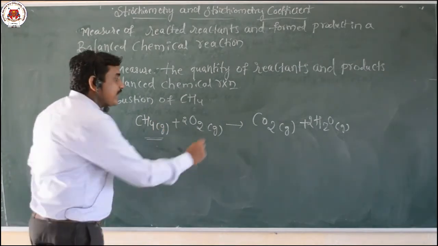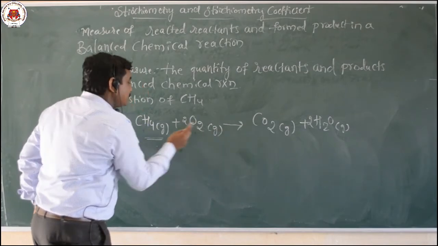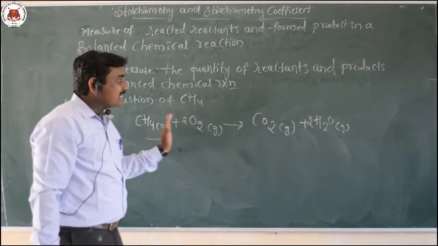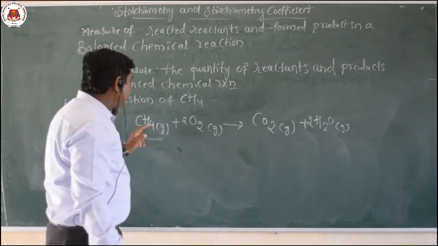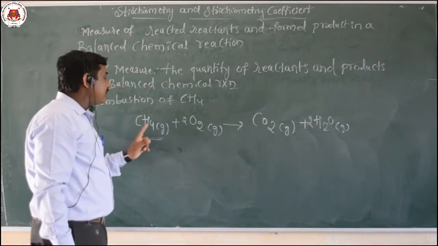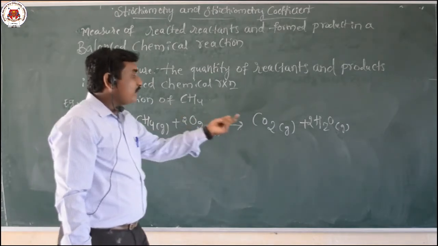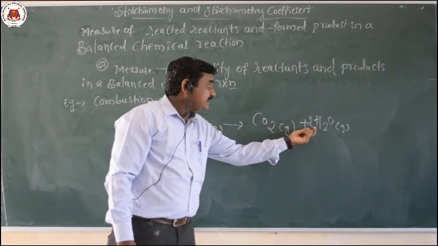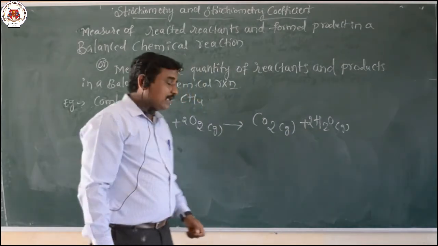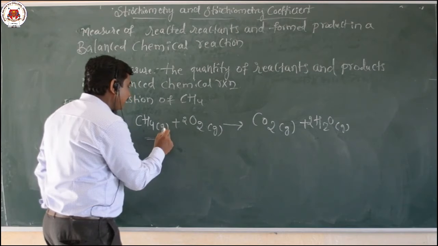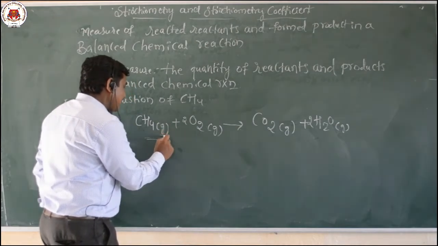The species on the left side of the arrow are called reactant species. So this is a balanced chemical reaction. I have given this reaction as the combustion of methane. After combustion of methane there is formation of carbon dioxide and water. And in the brackets after each compound formula, I have written g.